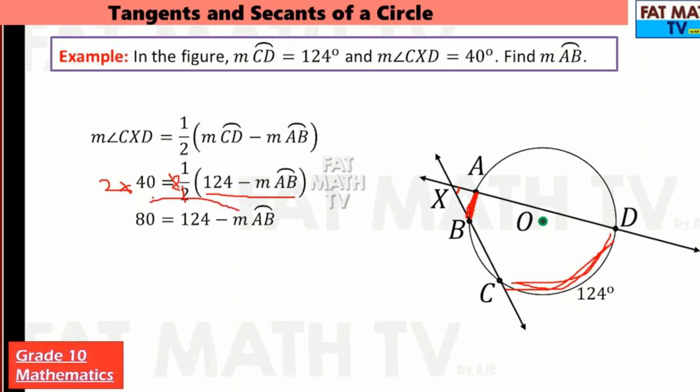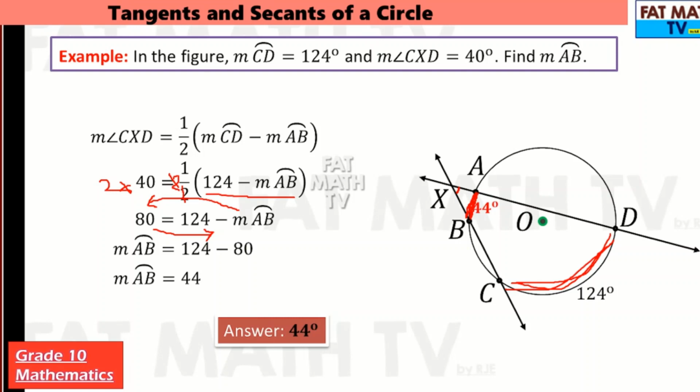Transfer measure of arc AB to the left so that you will have a positive measure, and 80 to the right so that you're going to have 124 minus 80. And 124 minus 80 is 44. Therefore, the measure of arc AB is 44 degrees. So what we did here was we just used the formula that the measure of the angle here is half the positive difference.